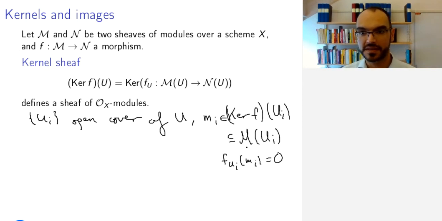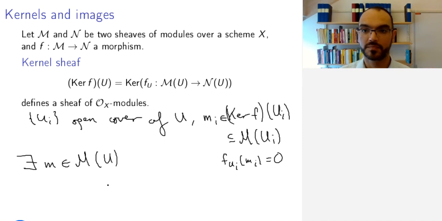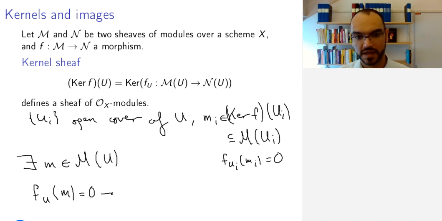Now, because M is a sheaf, we can glue together these m_i to one m. So there exists m in M of U. A priori, there is no reason why this m should lie in the kernel at U. So we need to check that F_U of m is 0. But this is enough to check on the level of U_i's.